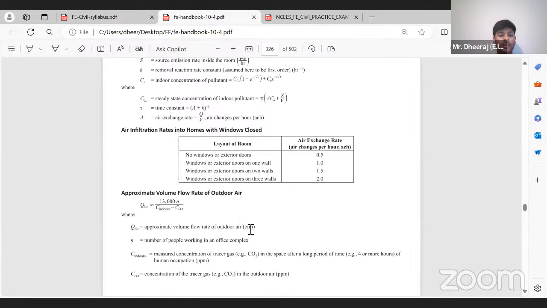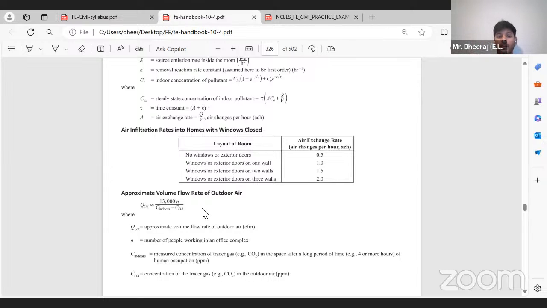Let's say they ask you something about the flow rate of outdoor air. Here the keyword is outdoor air. So when you have a question like that, just do Control F and type outdoor air. Maybe you'll have two or three searches.